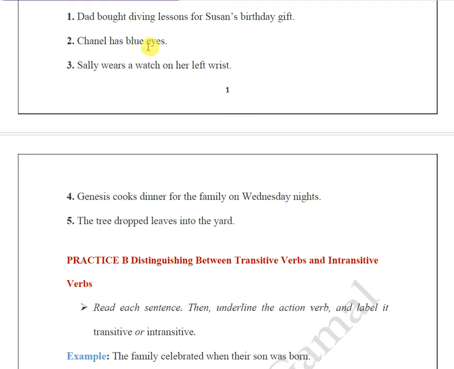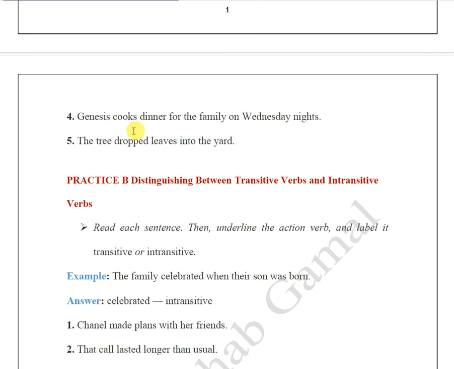Chanel has blue eyes. Chanel has what? Blue eyes is the direct object of the verb has, so it's a transitive verb. Sally wears a watch on her left wrist. Wears is the verb. Wears what? A watch is the answer and is the direct object of this transitive verb.